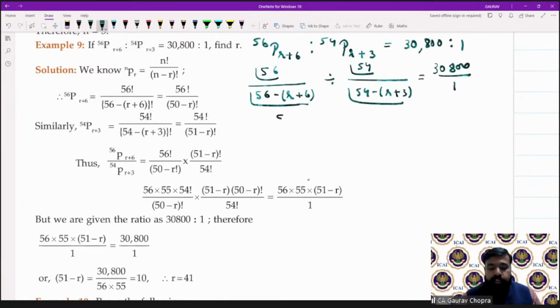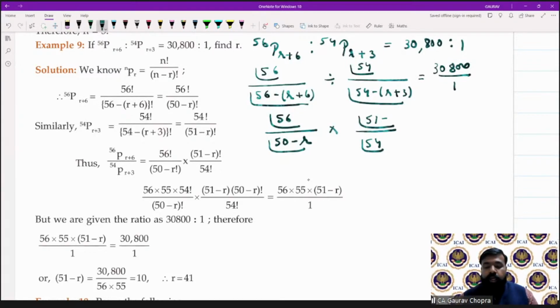So we can write it as 56 factorial upon factorial 50 minus r. Then divide can be converted into multiply, so it will become the reciprocal. Factorial 54 will come in the denominator, and the numerator will be factorial 51 minus r, is equal to 30,800 upon 1.